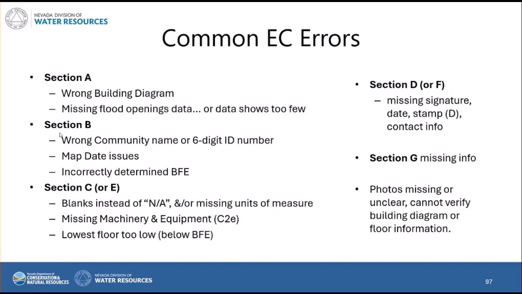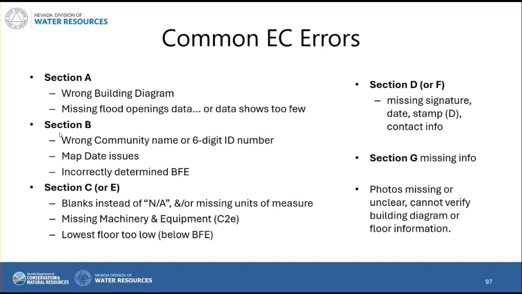So make sure the building diagram makes sense, check it against the photos, make sure if there is a crawl space or an attached garage or both, that all that information is provided in section A. In section B, some of the things that surveyors tend to get wrong is the map date or the base flood elevation, or putting the wrong community name or ID number, or incorrectly determining that base flood elevation. Section A and B of the form can be filled out by anyone, so it is important to check and make sure that anyone filled it out correctly.